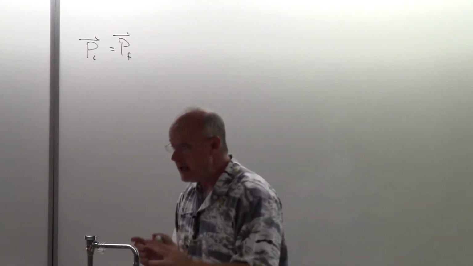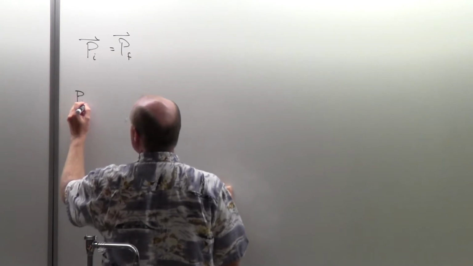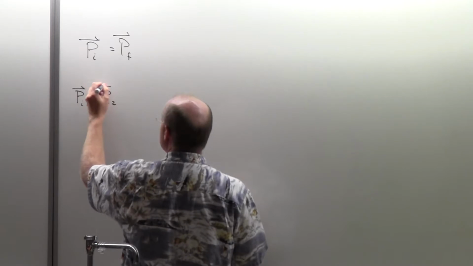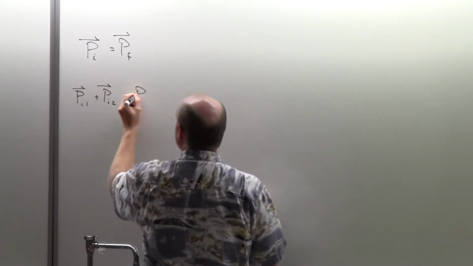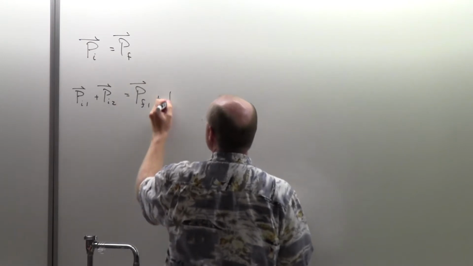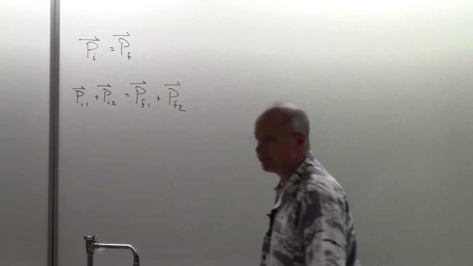Now, of course, in more detail, what that means is the initial momentum of number 1 plus the initial momentum of number 2 must equal the final momentum of number 1 plus the final momentum of number 2.